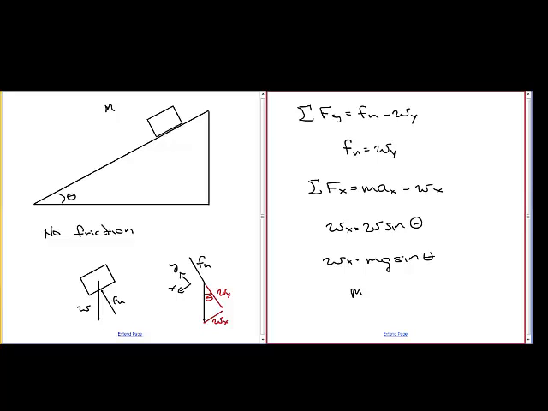So I can plug that in, and so the weight is mg sine theta. Masses cancel out. So the acceleration in the x direction is equal to the acceleration due to gravity times the sine of theta. So if we had a problem like this, we could either start at 0 velocity and calculate the final velocity.